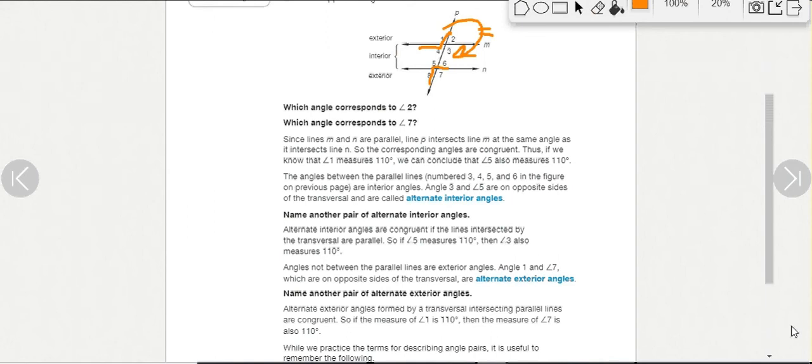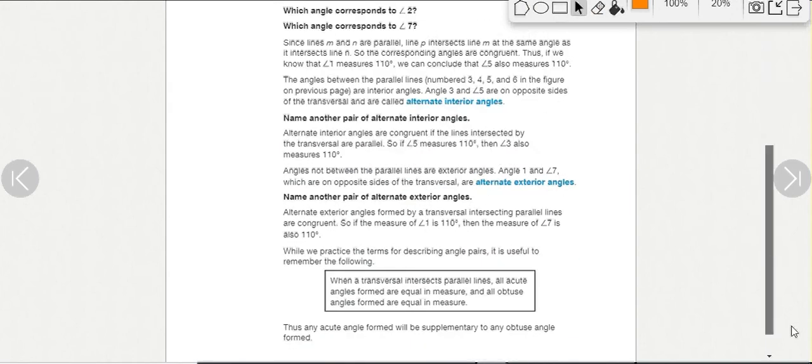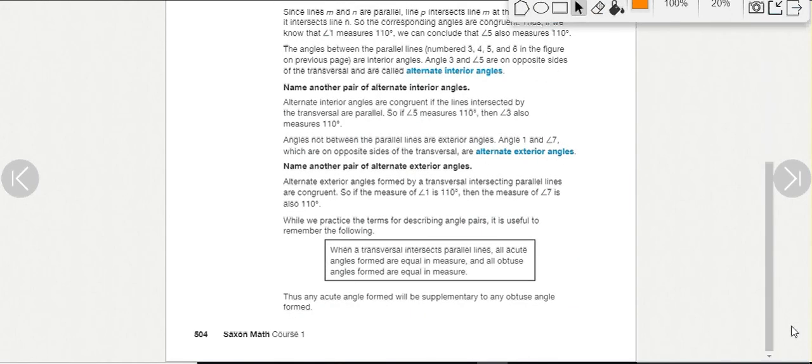Whereas if you pick ones from exterior that are on the same side, those are actually going to be supplementary. As you can see, this is acute and this is obtuse. So it's actually alternate exterior angles that'll be the same.